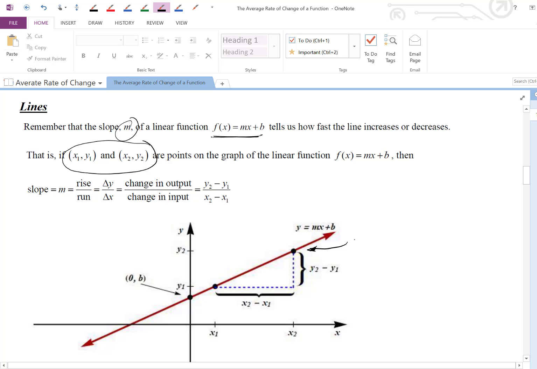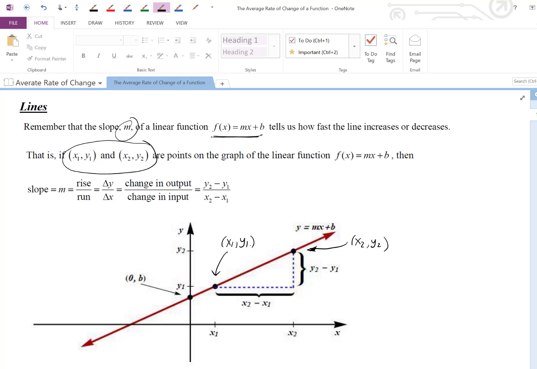That is the ordered pair (x2, y2), and that point right there is the ordered pair (x1, y1). Just refreshing this because this concept of slope of a line is directly related to the concept of average rate of change.